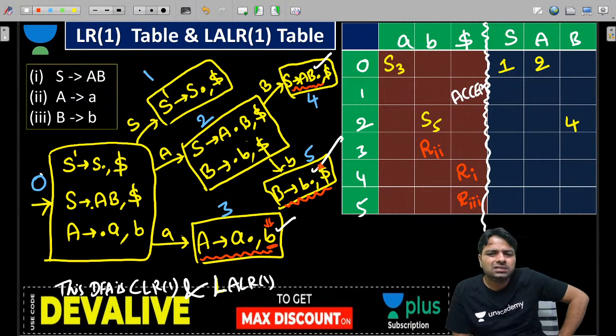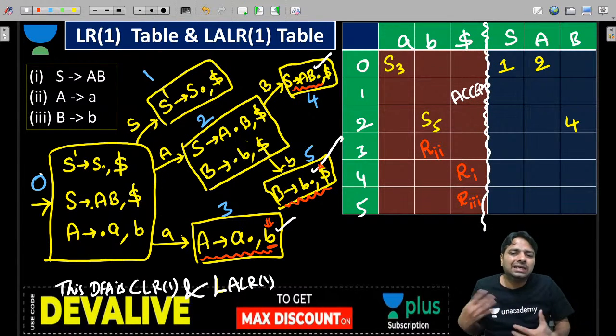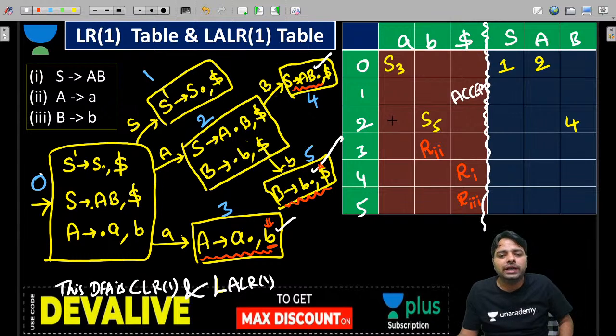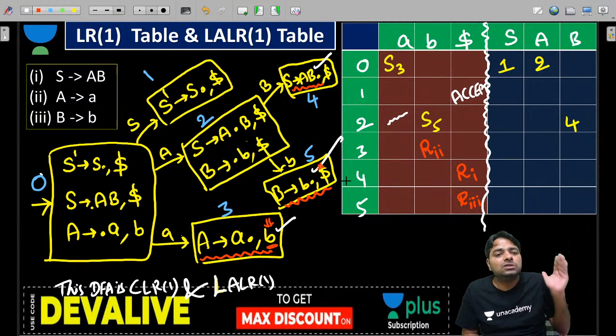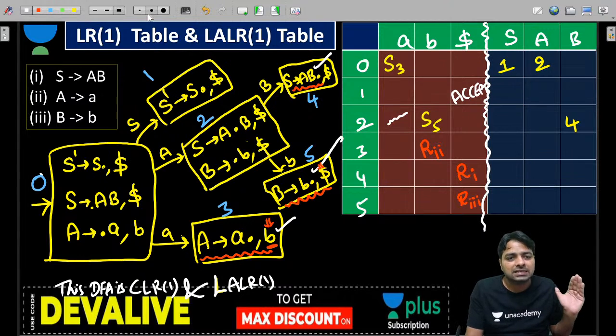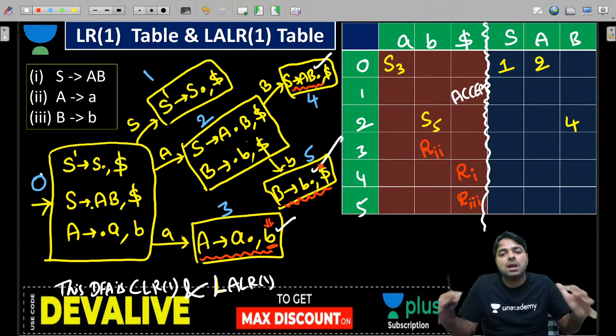Error entries: have you understood the LL1 table? The blank entries will help you during the parsing, as syntax errors. If you want 2 on A, you don't have anything, so you can't take any action. So that will correspond to a syntax error. So blank entries will produce the syntax error while parsing.